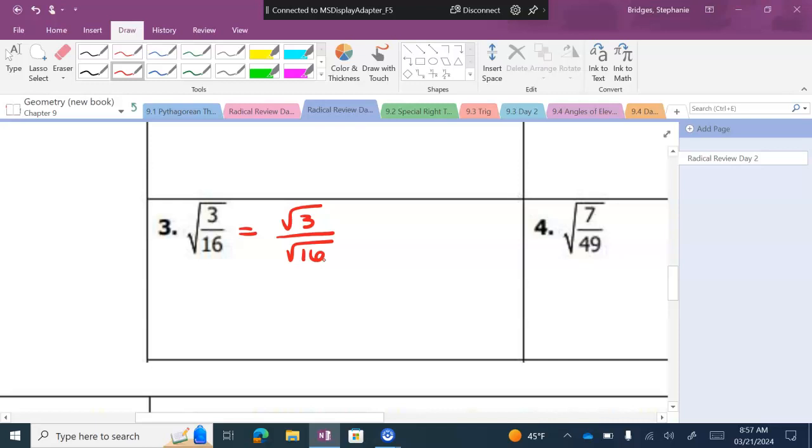Okay. Then we want to check: do 3 and 16 have anything in common that I can make them smaller? No. Then I want to check to see if either of them or both of them are perfect squares. Is 3 a perfect square? No. Okay, so right now I'm just going to leave that 3 alone, and it's going to stay under the radical because it cannot simplify.